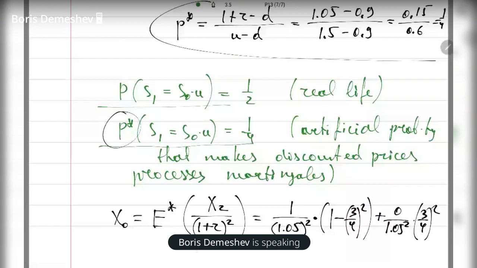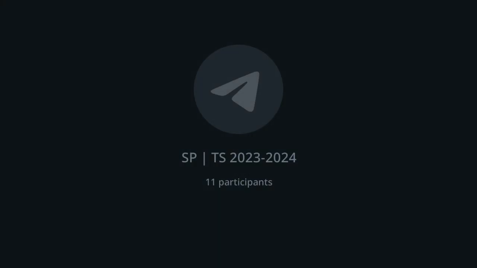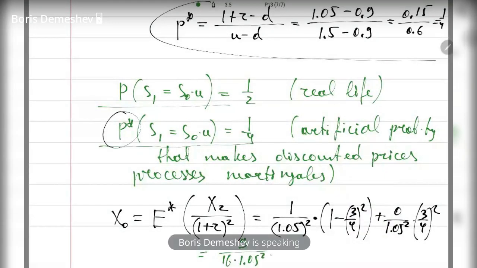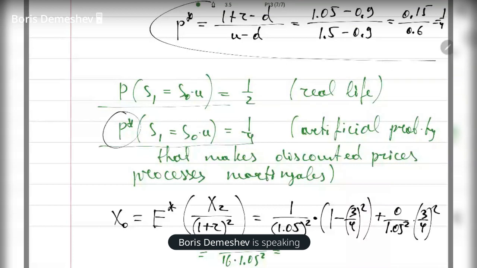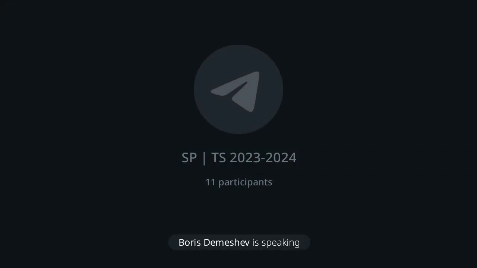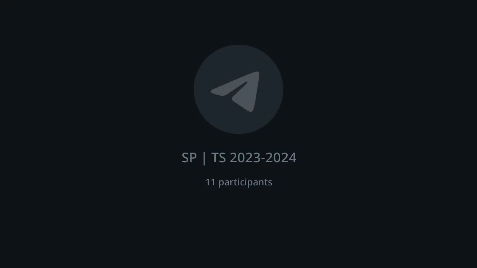But it's easy to calculate, so it will be 1 minus 9/16, sorry, 16 minus 9, so 7 over 16, times 1.05 squared.